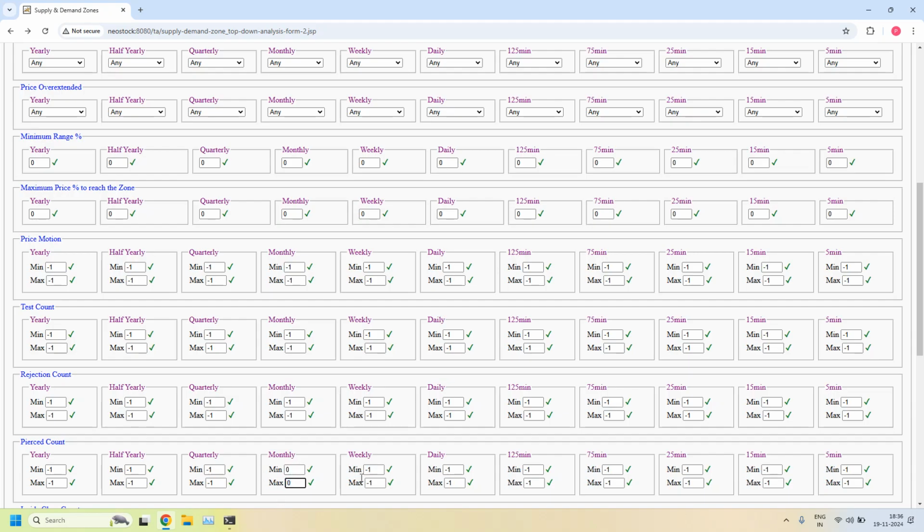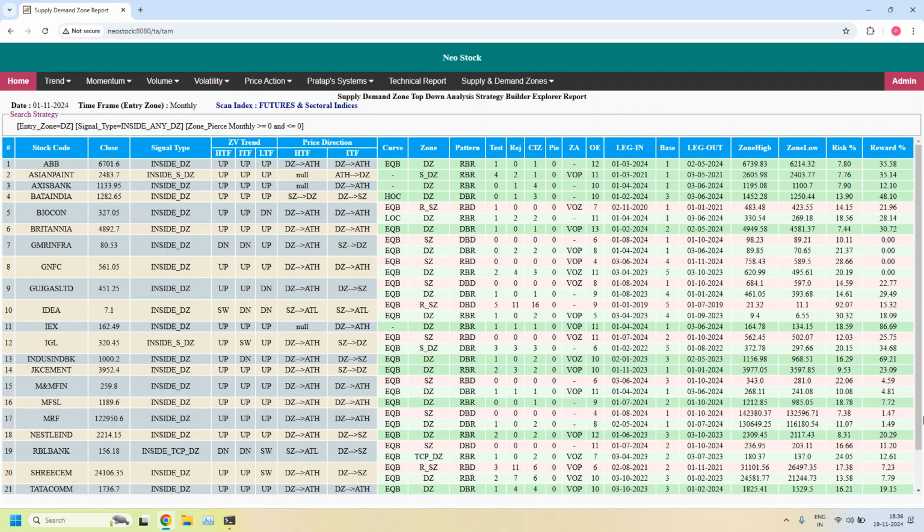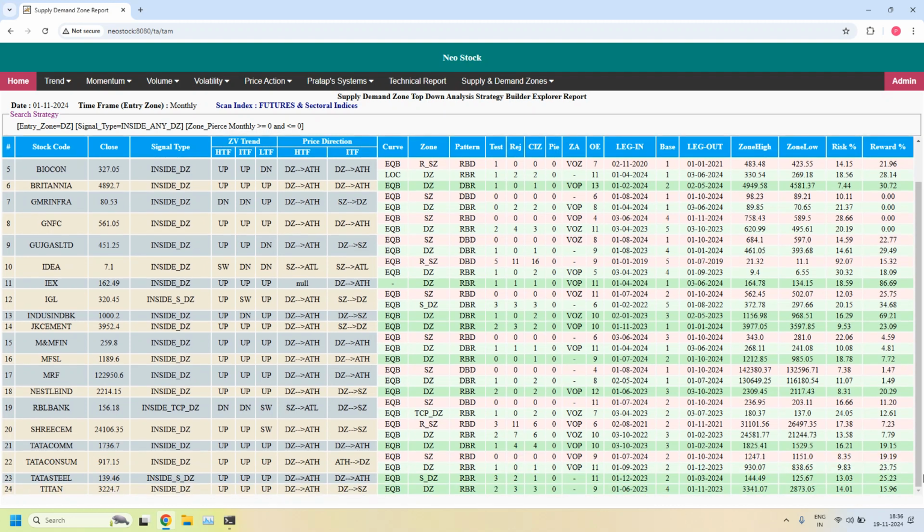That means pierced count is 0. Pierced count 0 means zone is not pierced. So these are the first 21 stocks. I'm scrolling the list down. So total 24 stocks are filtered where price closed inside the monthly demand zone.